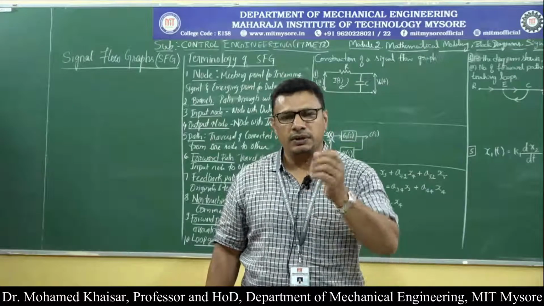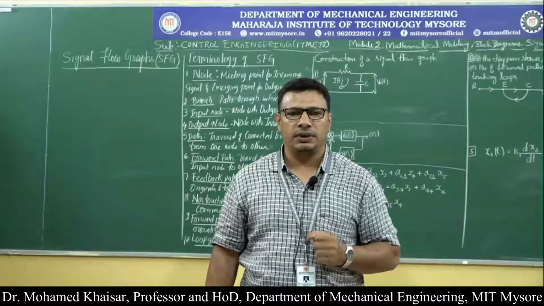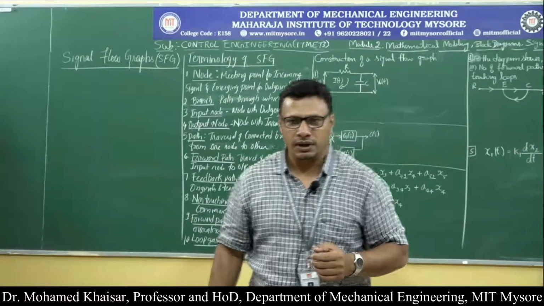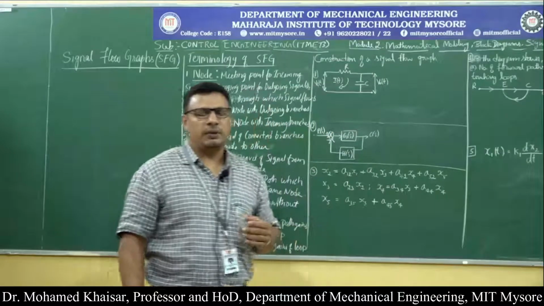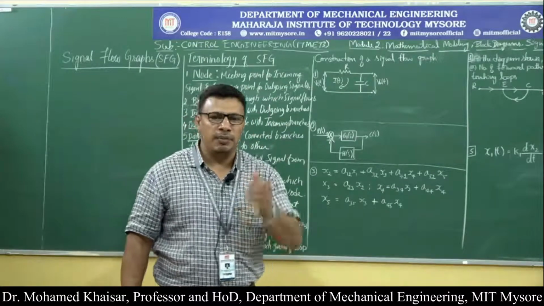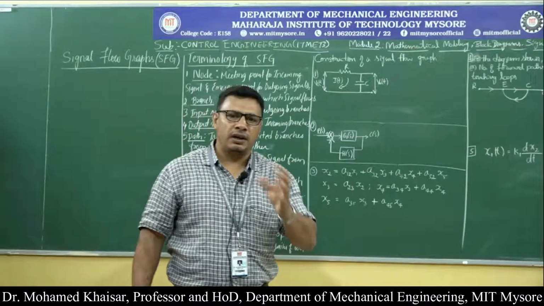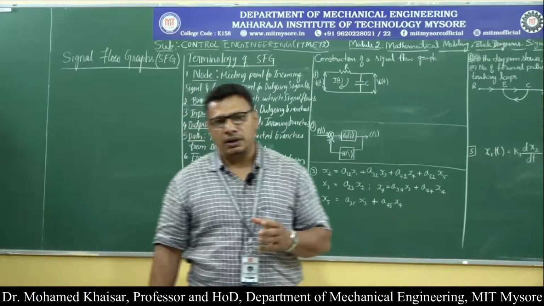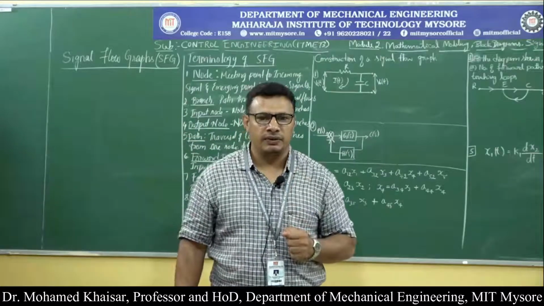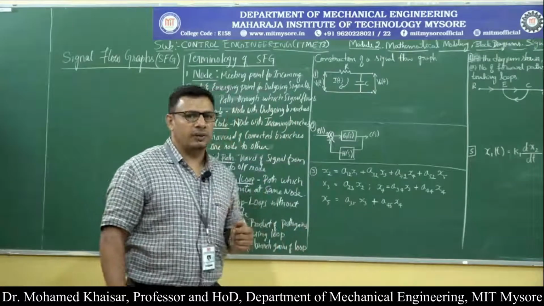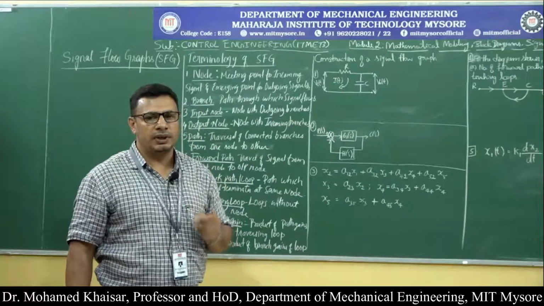For overcoming these drawbacks associated with the block diagram reduction method, one researcher by the name Mason came out with an alternate method for arriving at the transfer function, known as the signal flow graph. Mason is the name of the individual.